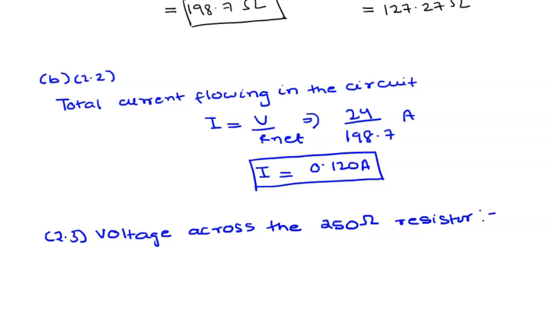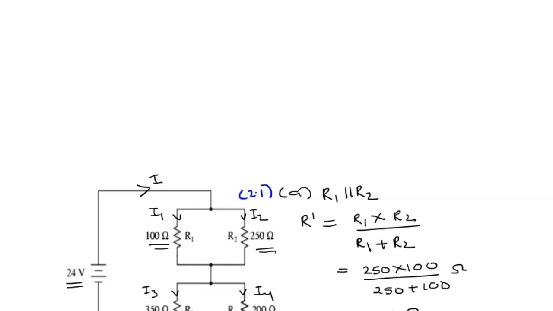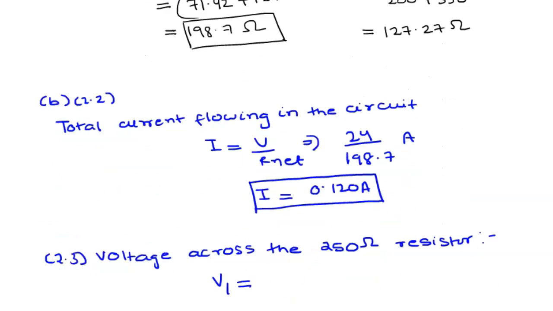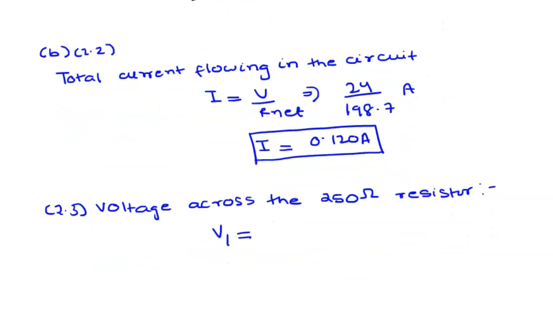So we can say V1. If we see the diagram here, the 250 ohm resistor and the 100 ohm resistor are parallel to each other. So the potential difference across them would be the same, and this potential difference will be equal to the total current I multiplied by the resistance R dash.